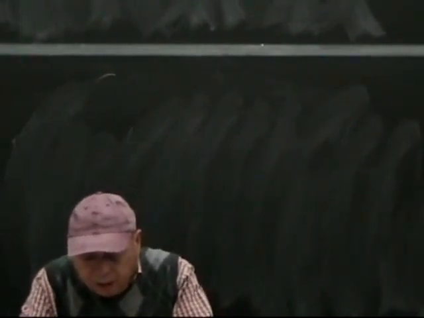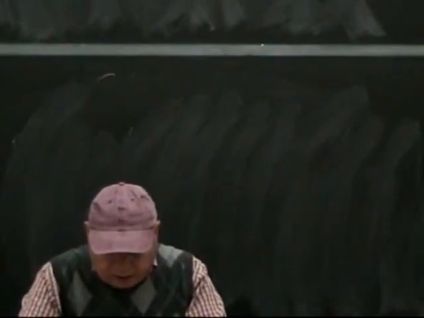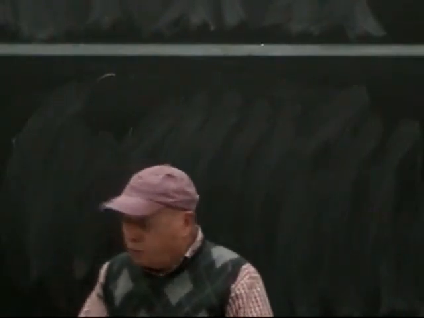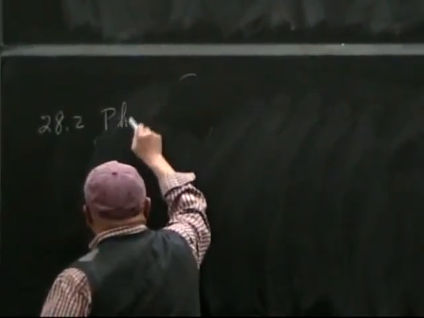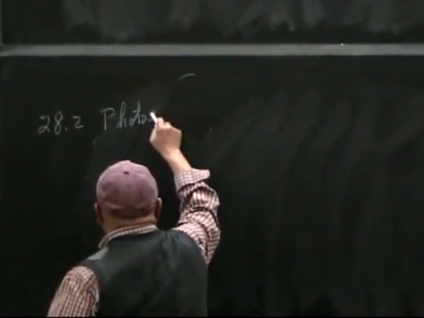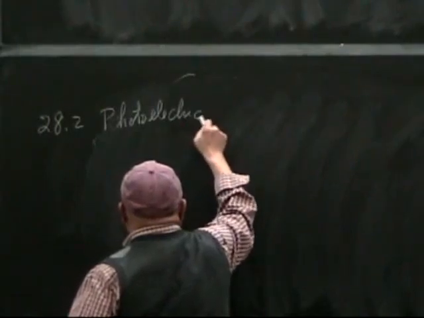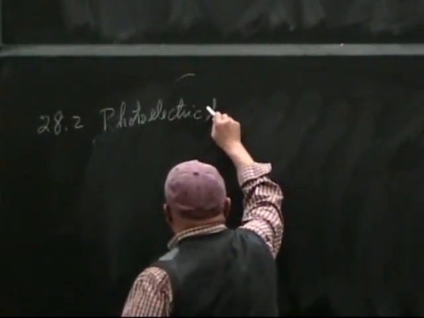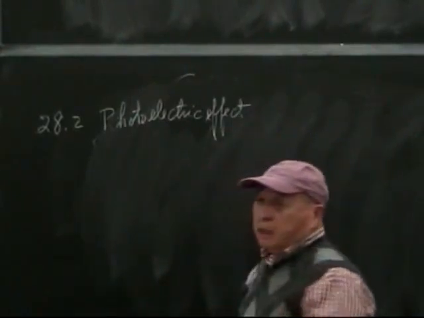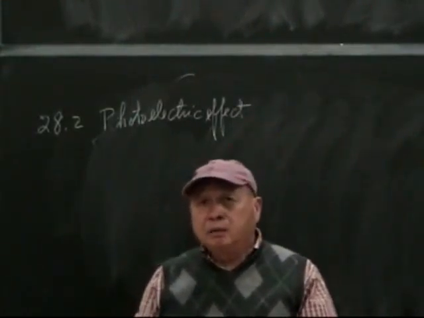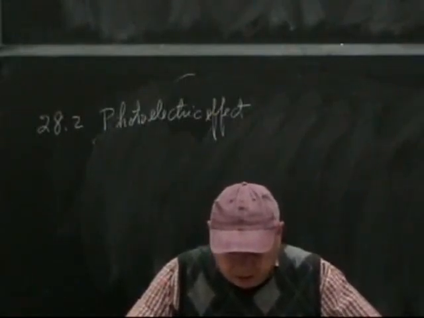Some people are lucky, some are not. What they call the photoelectric effect, section 28.2, was a phenomenon that nobody could explain.